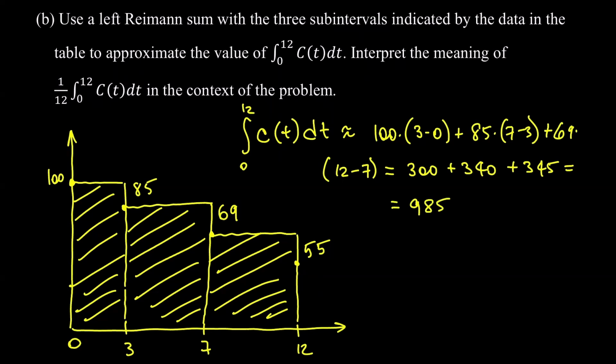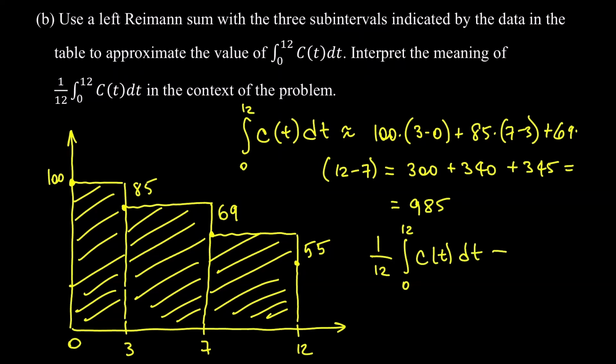And now we need to interpret the meaning of the result, which is 1 over 12 times the integral from 0 to 12 of c of t dt.